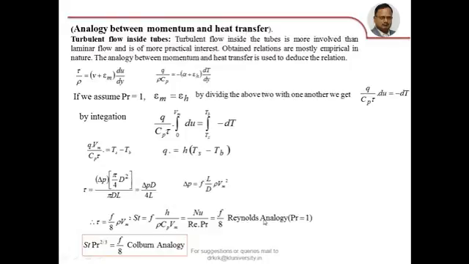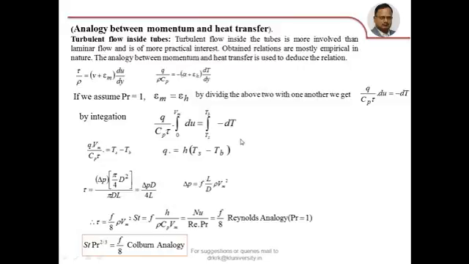In other words, there is a relationship between heat transfer and momentum transfer. That analogy between momentum and heat transfer was done initially by Reynolds and slightly modified afterwards by Colburn. This is very important from the examination point of view.